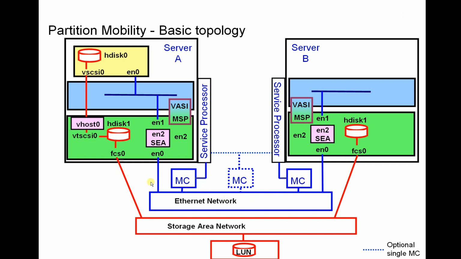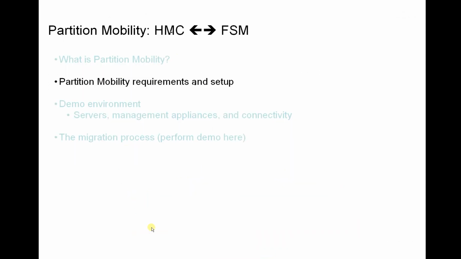So you notice that LUNs are coming from the SAN. Actually, a LUN in this case is coming from the SAN to the VIO server and being presented off to the partition to be moved, and that same LUN would be presented to the VIO server in the target system. Also, even though showing vSCSI here for simplicity, NPIV would work as well.